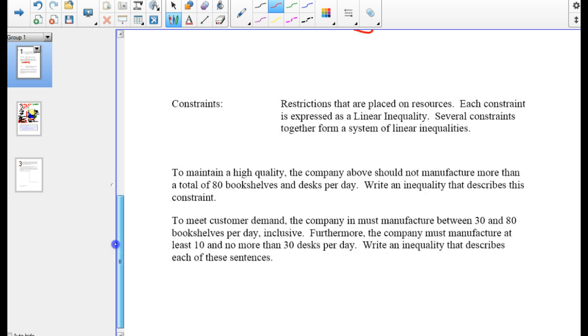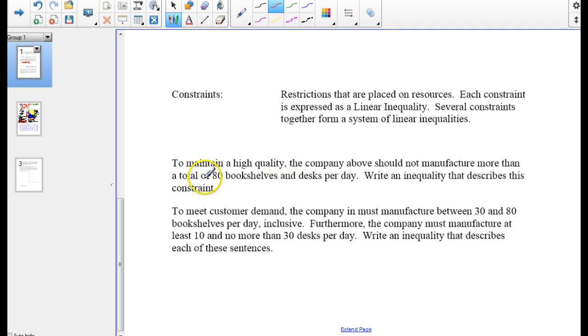We have three of them in this case. To maintain a high quality, the company above should not manufacture more than 80 bookshelves and desks per day. So combined, I'm going to have X plus Y. That's our first constraint.